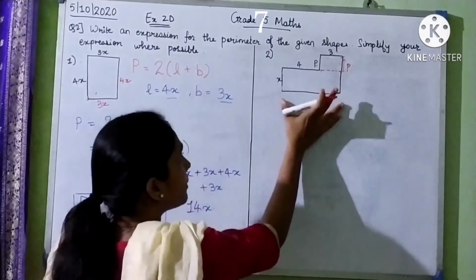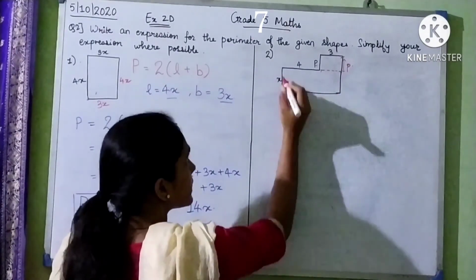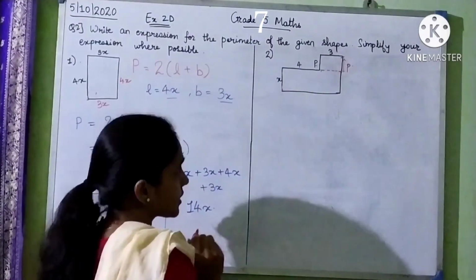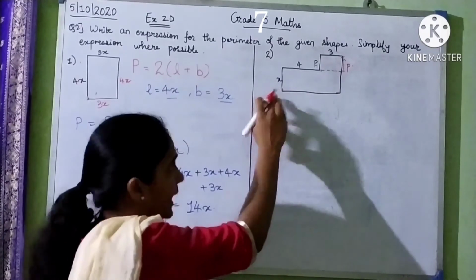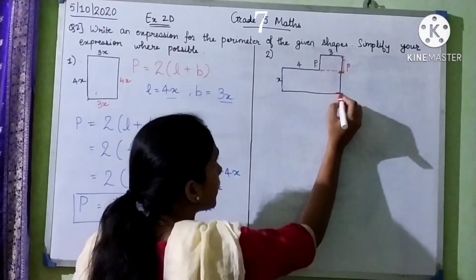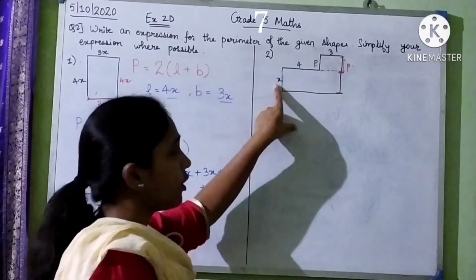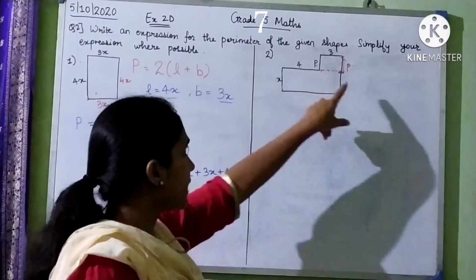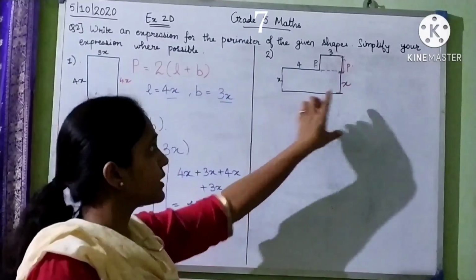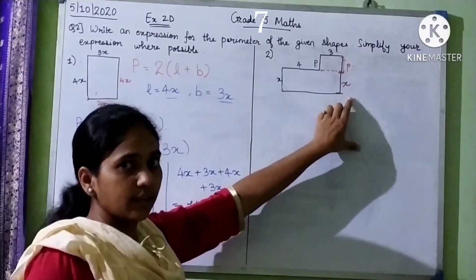Now for the bigger rectangle, if I see, this is the bigger rectangle. Here this side is equal to x. Which side is opposite to x? This side. From here to here is the opposite side of x. So if this is x, this is also going to be x. Why? Because they are opposite sides of the rectangle, right?